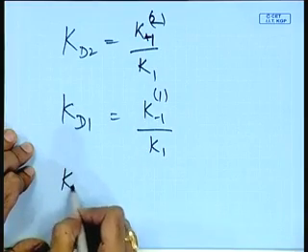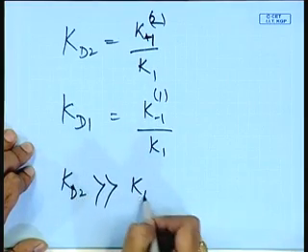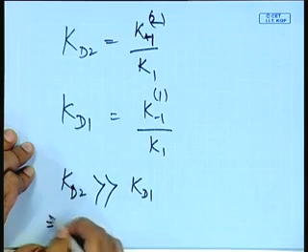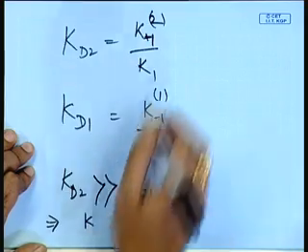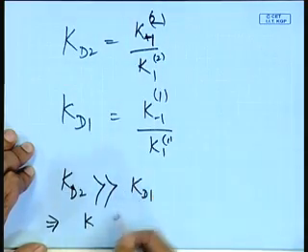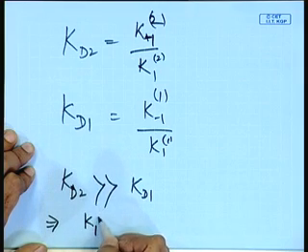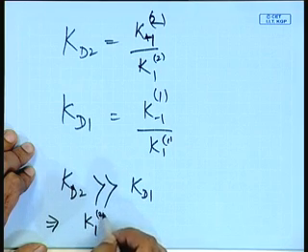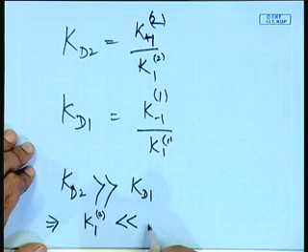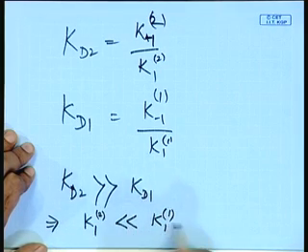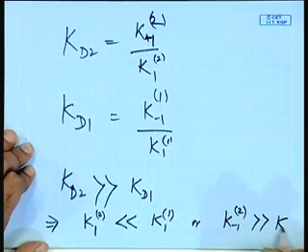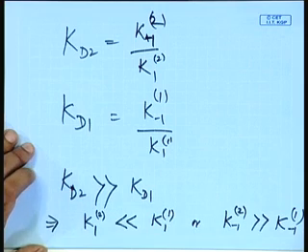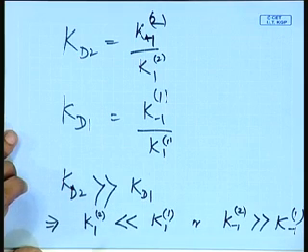So if KD2 is much higher than KD1, it implies that, one possibility is that k1,2 is much lesser than k1,1, or k minus 1,2 is much greater than k minus 1,1. Okay. Whichever way, what does it imply? What does it imply here?